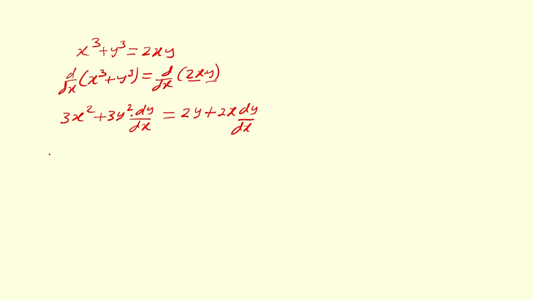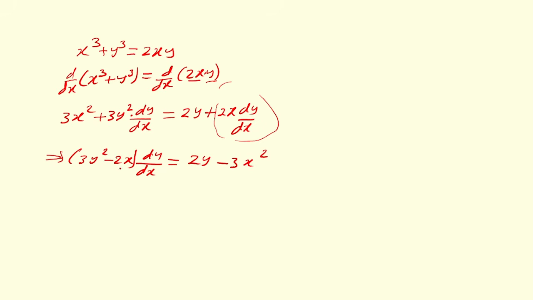Then collect like terms here. Subtract this value from both sides and take dy by dx common. You will get 3y squared minus 2x, times dy by dx, is equal to 2y minus 3x squared.